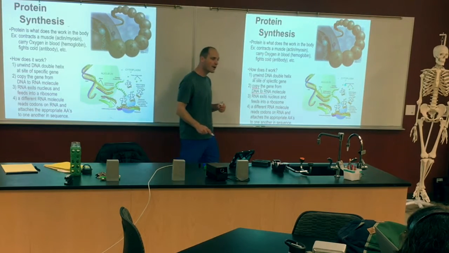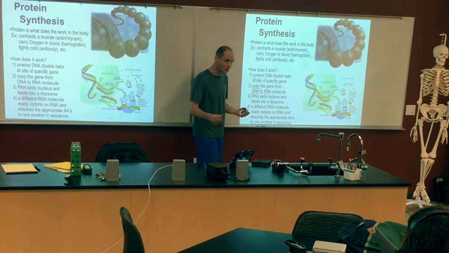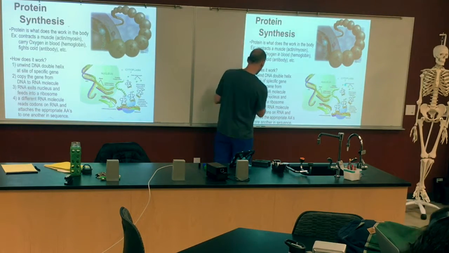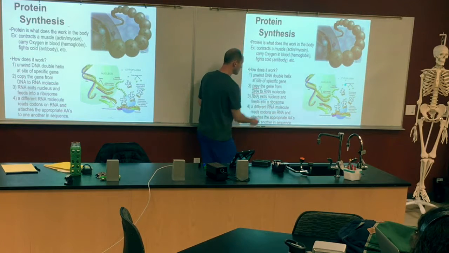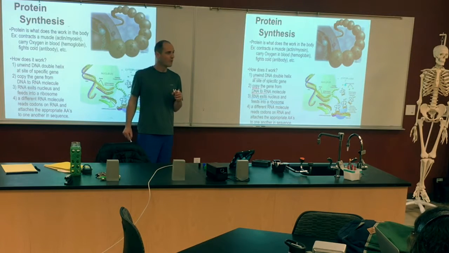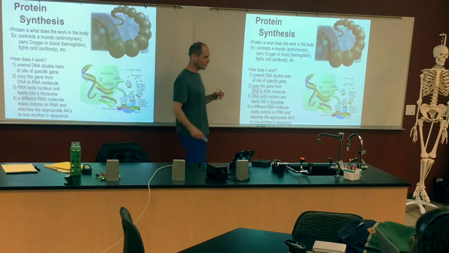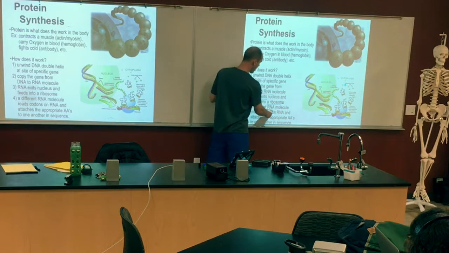And then that RNA is a copy, so it's okay if it's going to be destroyed. It's not the original. That RNA goes out of the nucleus, exits, and feeds into the ribosome. And then in the ribosome, there's a different molecule. We'll talk about that in a minute.